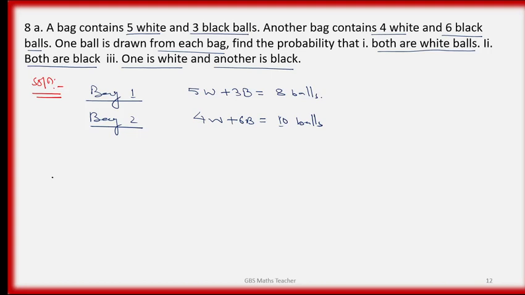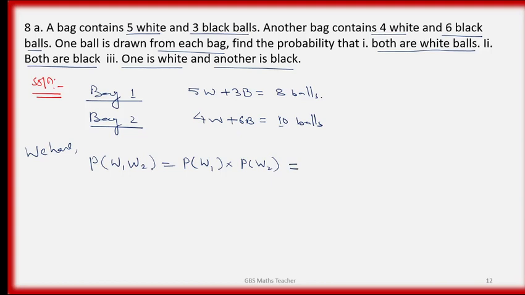These are independent, so the probability of white 1 and white 2 equals probability of white 1 times probability of white 2, because obtaining white in the first and obtaining white in the second do not affect each other.